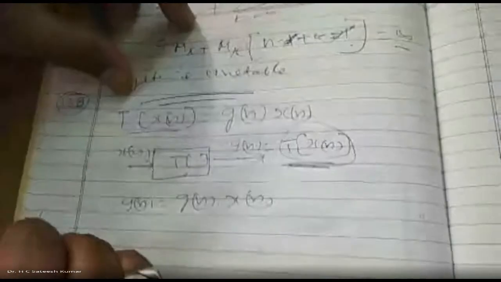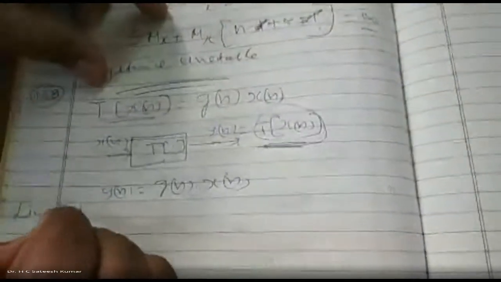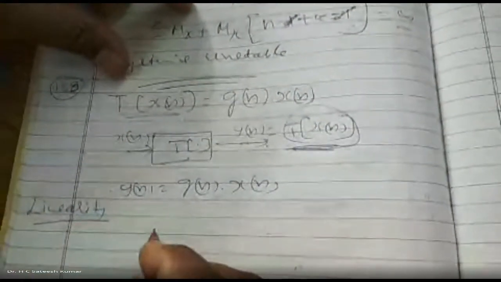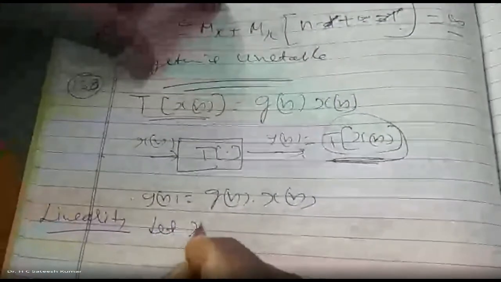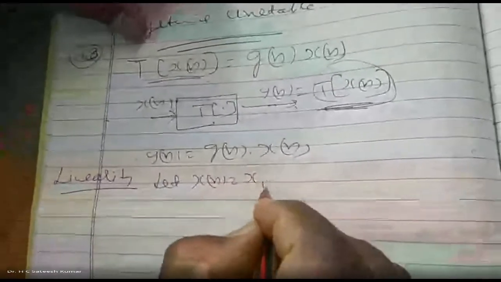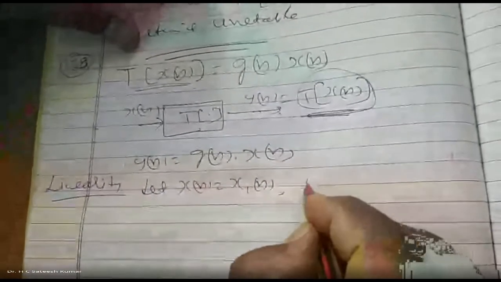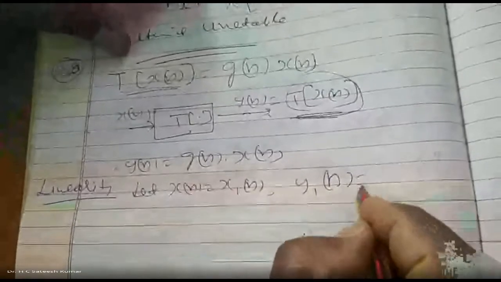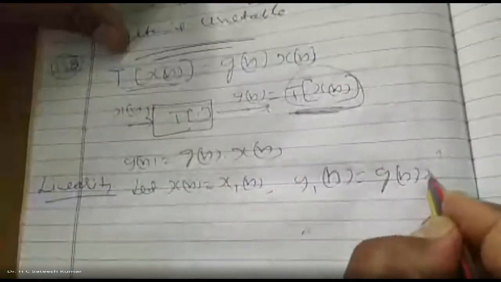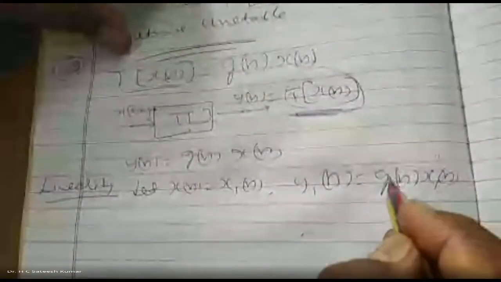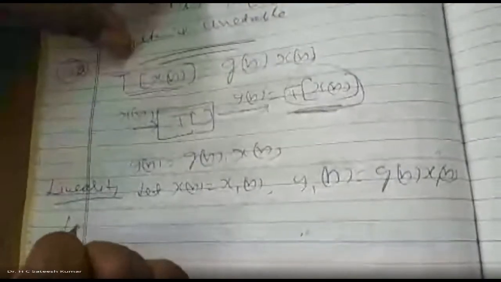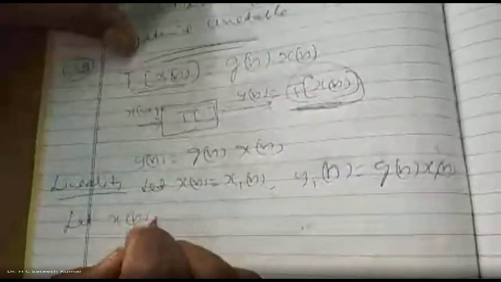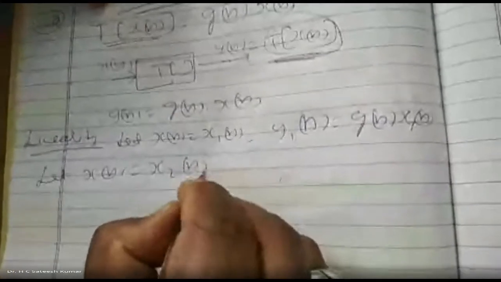So the first one is linearity. Let x of n be equal to x1 of n. Then y1 of n is equal to g of n into x1 of n. Let x of n be equal to x2 of n.